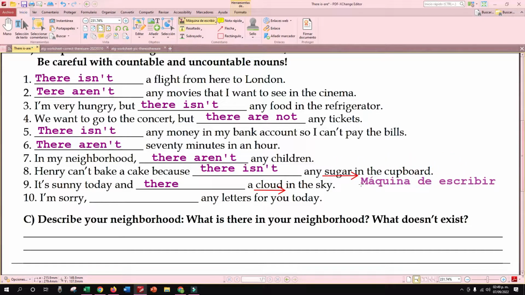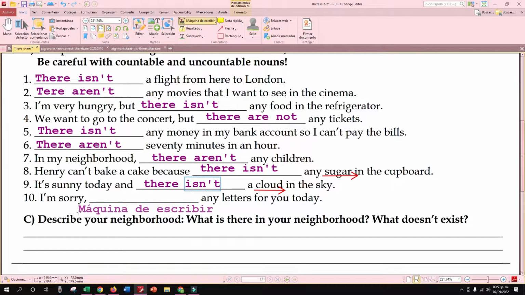Entonces ahí nos está diciendo una nube. Entonces vamos a utilizar ¿qué? There isn't. Nice, right? Isn't. Because you're talking about one cloud, right? So, it's sunny today, sorry. And there isn't a cloud in the sky.